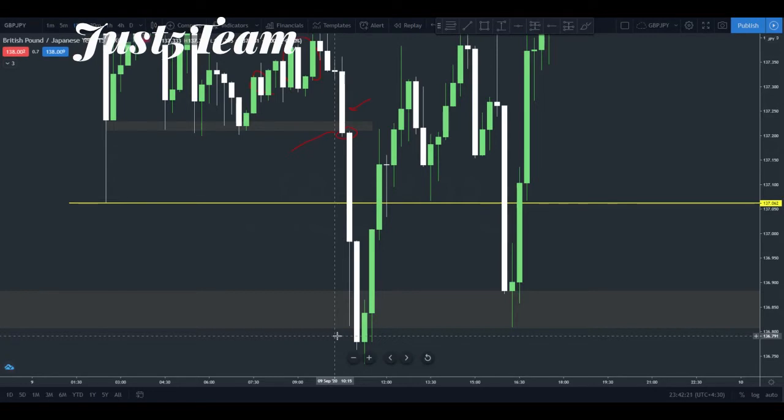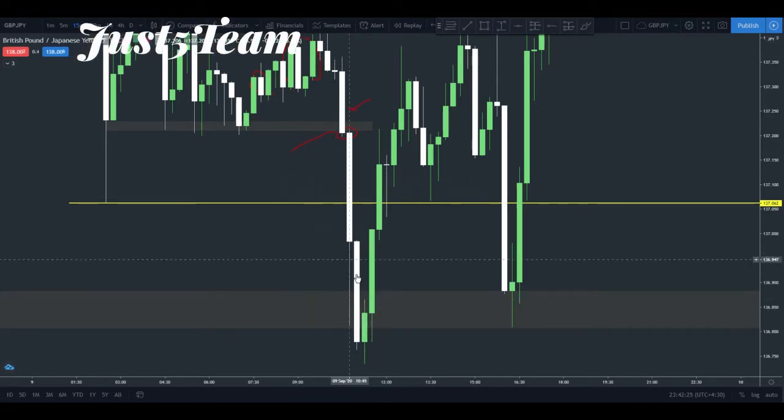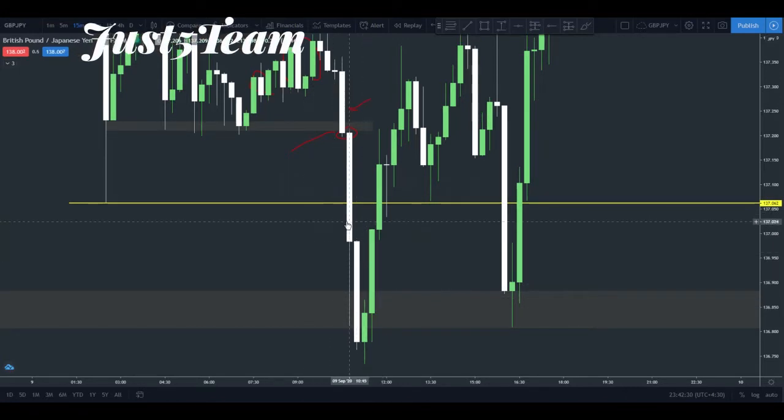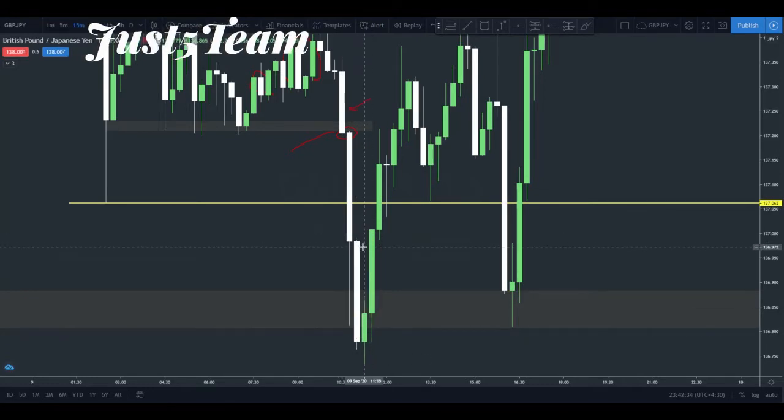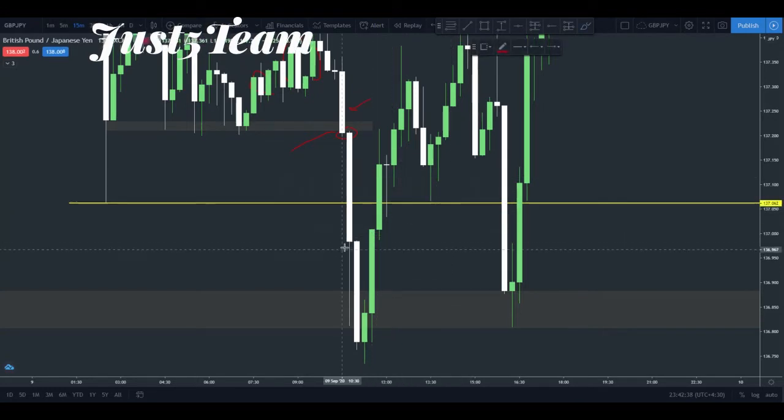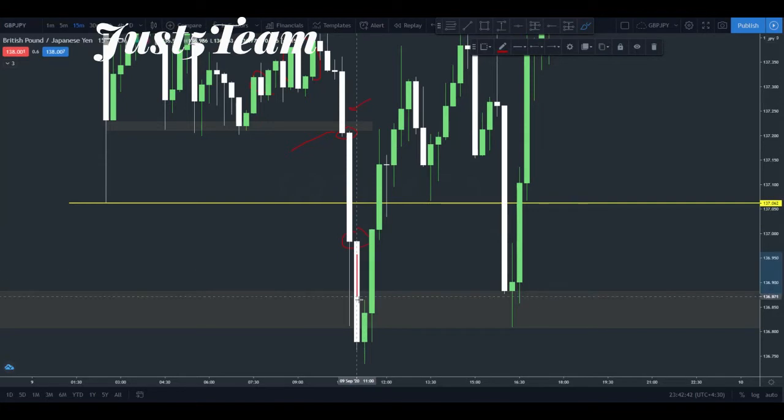And as you know, when price is in momentum, most of the time this wick area that shows a rejection will be filled. So it just came down with that momentum. So it was a second area that we could trade. This area was a good area for sell, and you could gain your pips there.